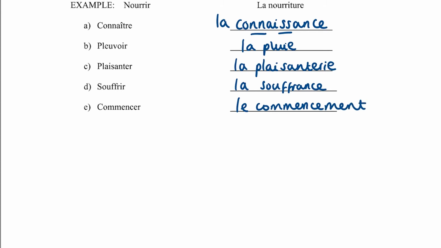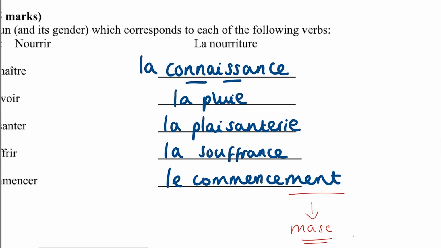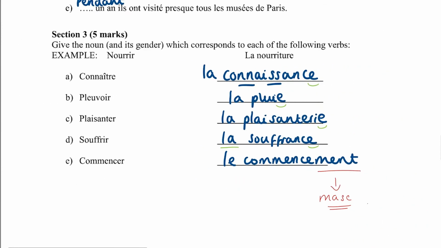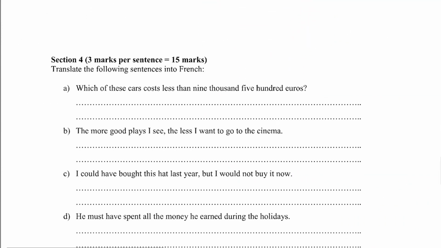Remember that if you have that ment ending, that means that the noun is going to be masculine. And actually, if you look at all of these, they are good examples of the fact that when e is at the end of a word, often it is going to be feminine. Obviously, not always.